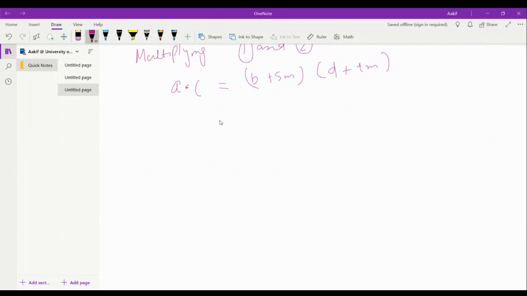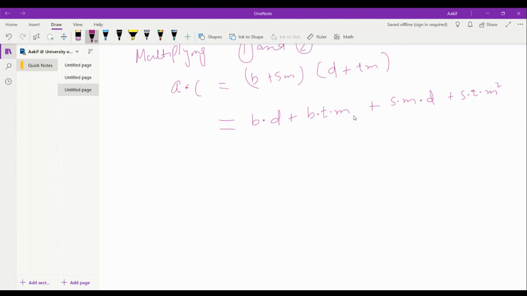So this will be equal to B times D, if we multiply with B, then plus B times T times M plus S times M times D plus S times T times M squared.